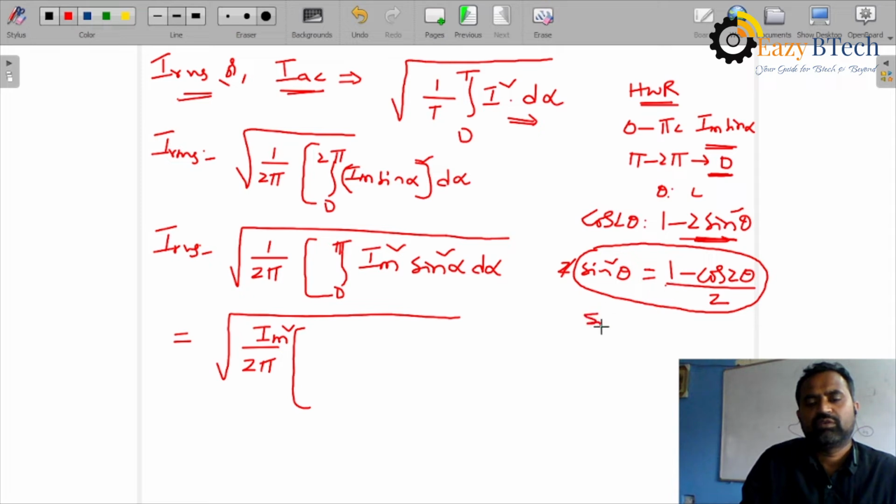With alpha, sin square alpha is equal to 1 minus cos 2 alpha by 2.